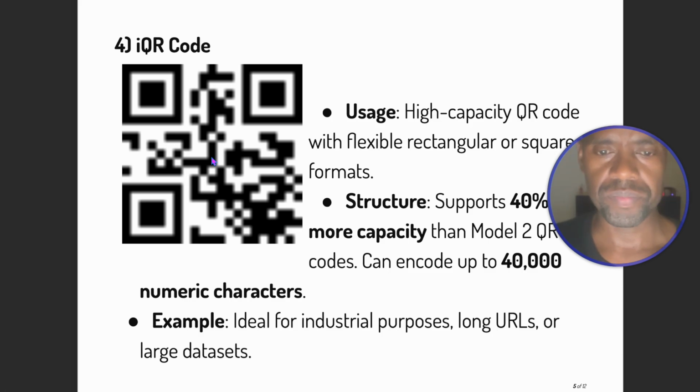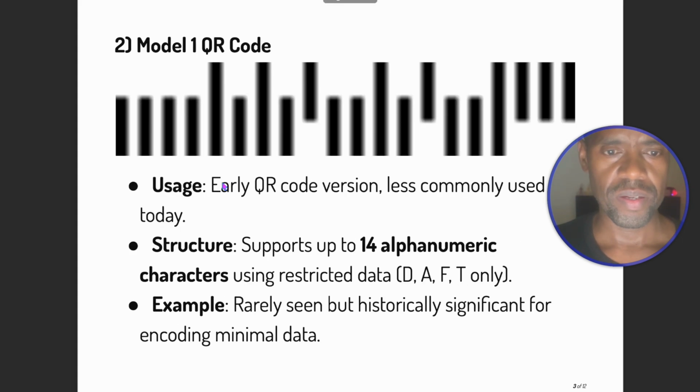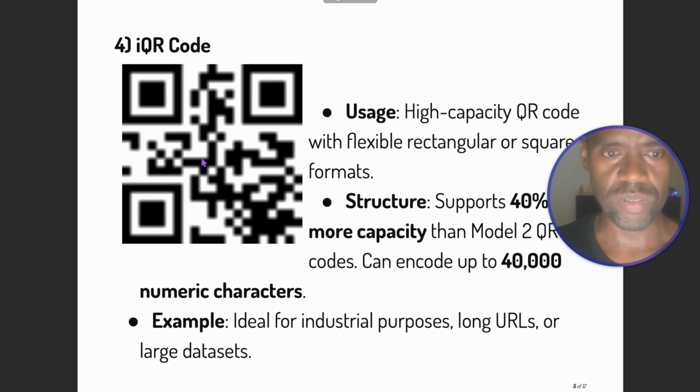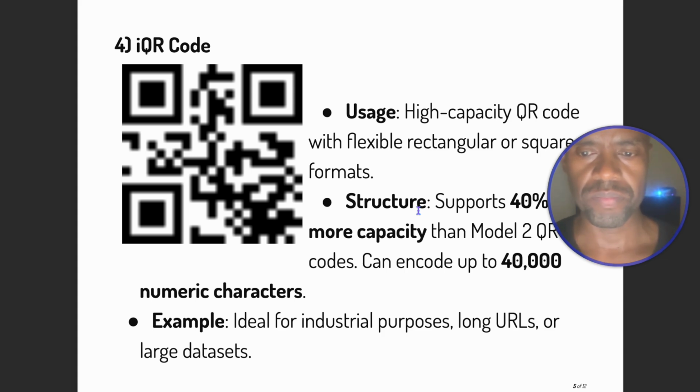iQR code. This is how it looks. Compared to a standard QR code, it looks different. It's a high-capacity QR code with flexible rectangular or square format.